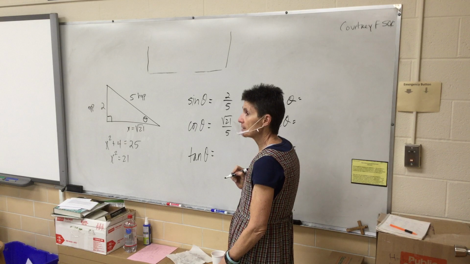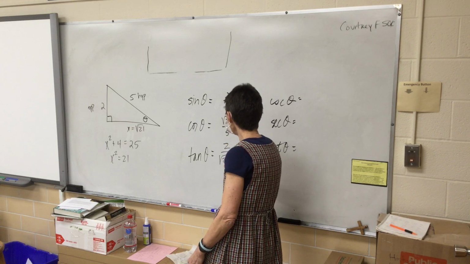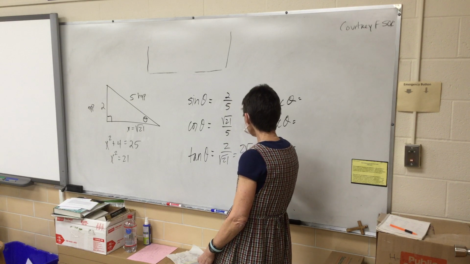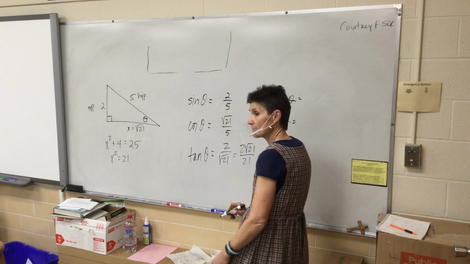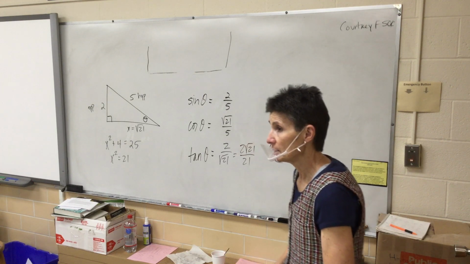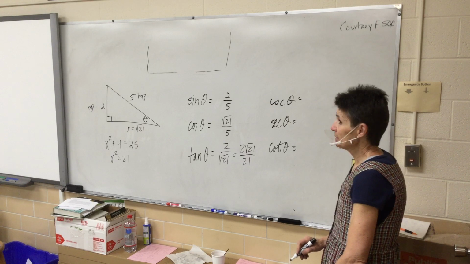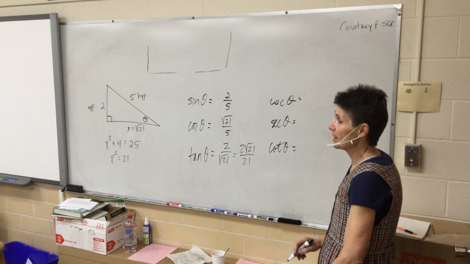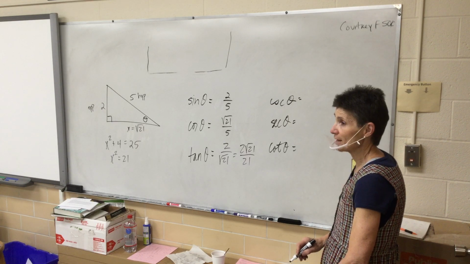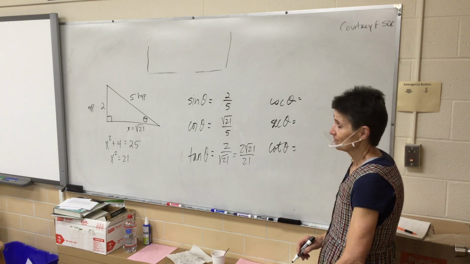Tangent is opposite over adjacent, so it'll be 2 over root 21, which you can rationalize. You remember how to do that, multiply top and bottom by the radical. You have to do that? Yep. I'll be honest with you, there probably will come a time in your math career when they don't care if you do that or not. But in high school we still care.